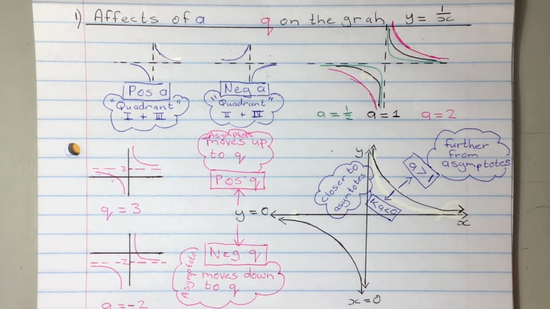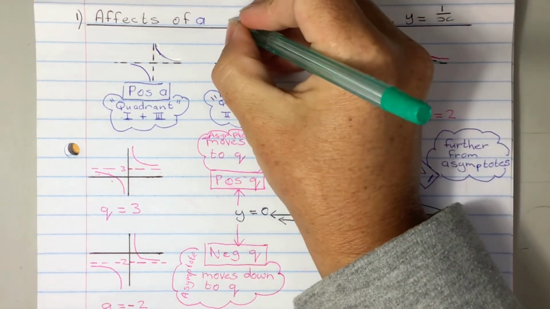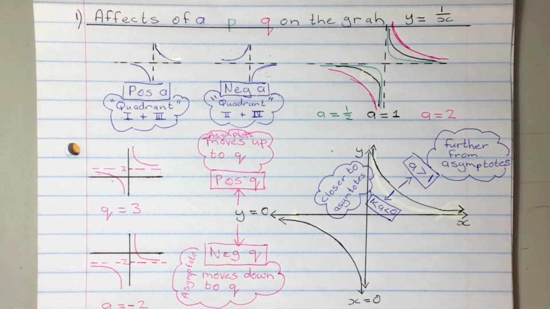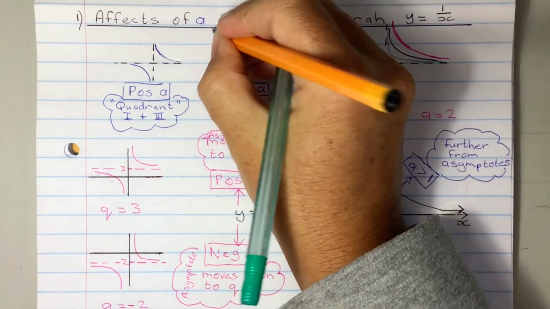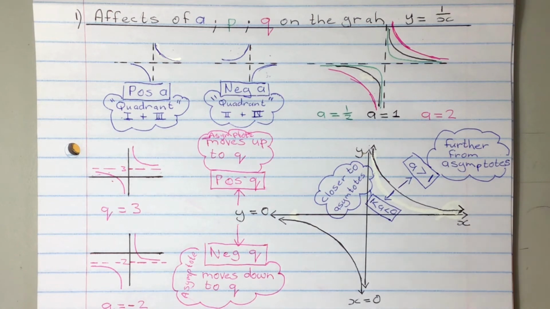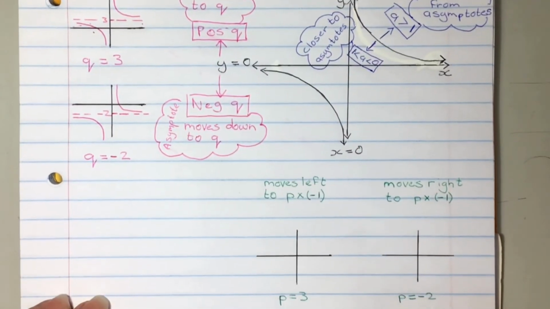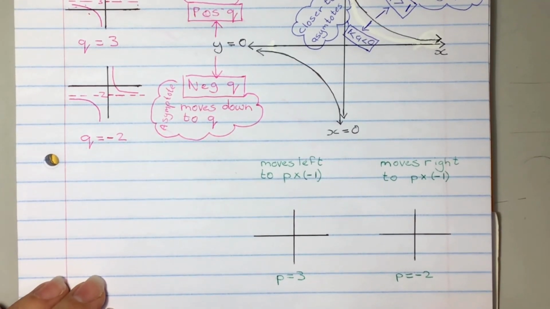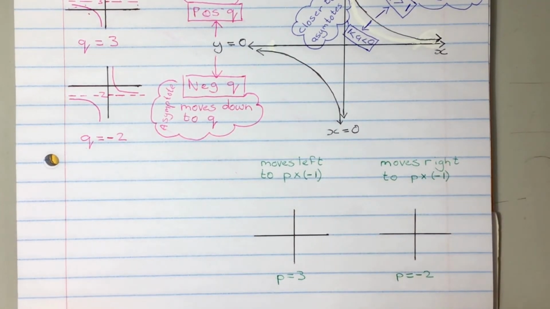Now we're going to look at P, which is the new value for grade 11. And as you saw in the video, it has a very counterintuitive effect on our graph. So let's move this up here so you can see the notes down here at the bottom.